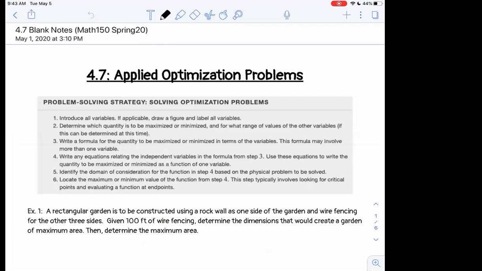I would say that this unit is most similar to related rates, in the sense that there's a flow that you use for every problem, but the formulas that you use are going to be different. The graphs that you might need might be different. And so a lot of this goes back to being able to draw a diagram and come up with the proper equations for area and volume or whatever it might be, and use those to help you solve the problem.